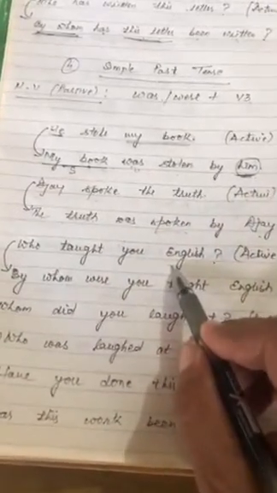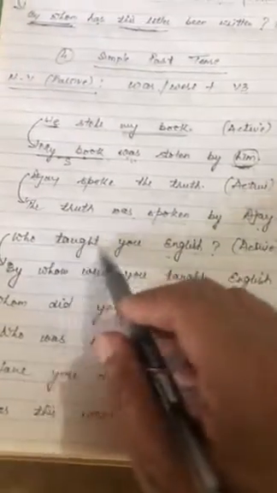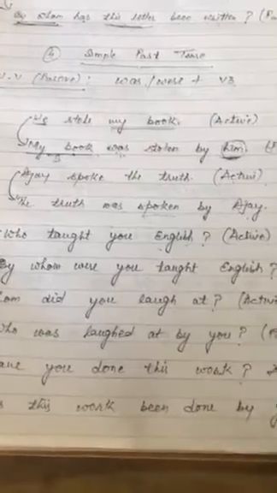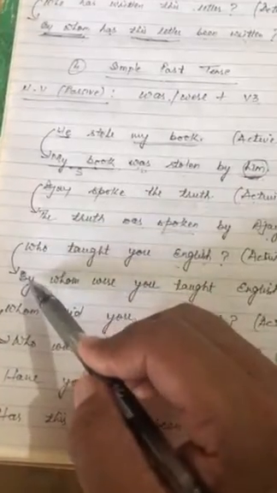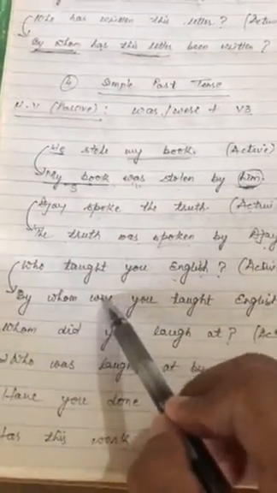Who taught you English? Now see, it is again an interrogative sentence. Who taught you English? Active voice, because we are using the second form of the verb. Now we have to make the passive voice. As I have already explained, who is always changed into by whom, as you can see in this example. So same, who is changed into by whom, then what comes?